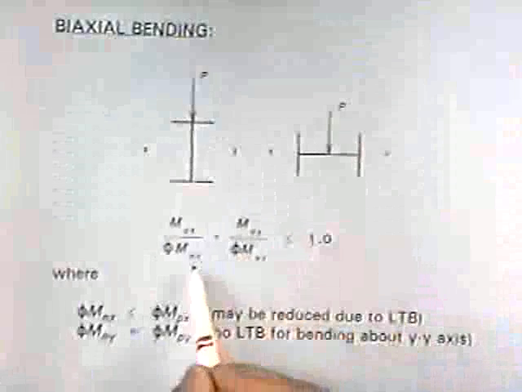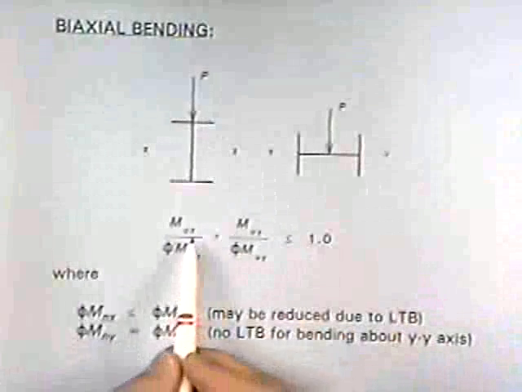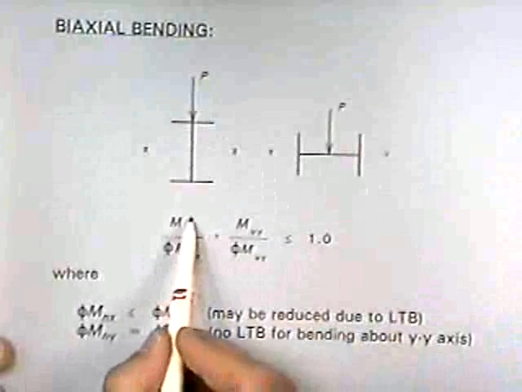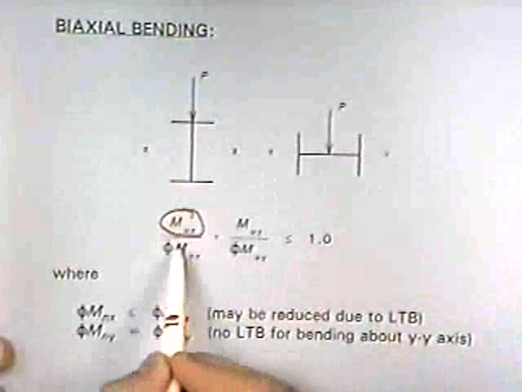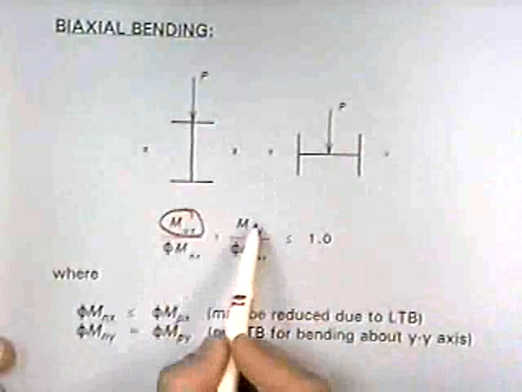In biaxial bending, where we're bending the member about both axes, what we have to do, again, is use an interaction equation. We'll take the design moment. Again, this comes from the loading or your moment diagram.